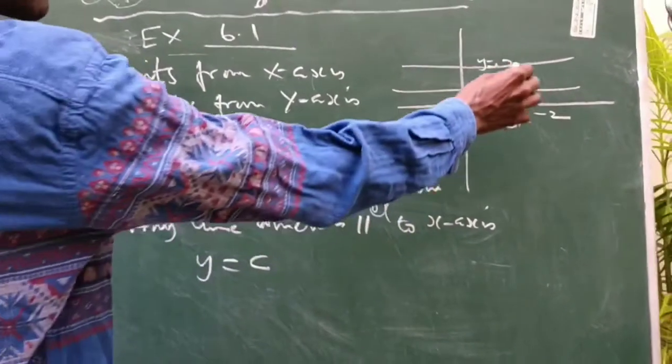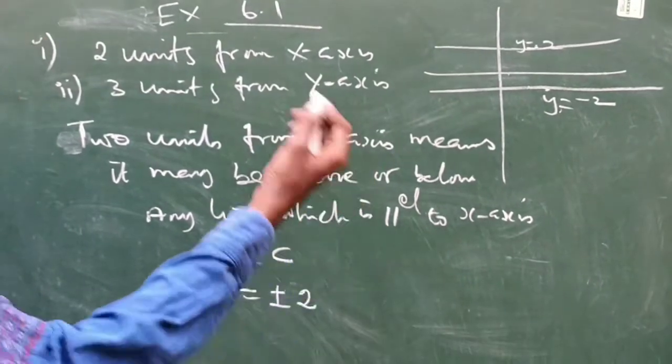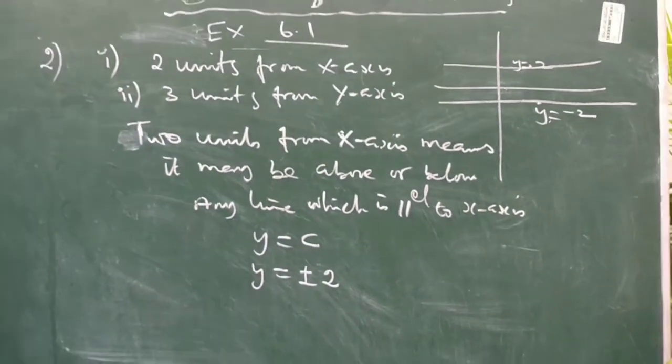Here the constant may be plus 2 or minus 2. So y equals plus or minus 2. That is the answer for the first one.